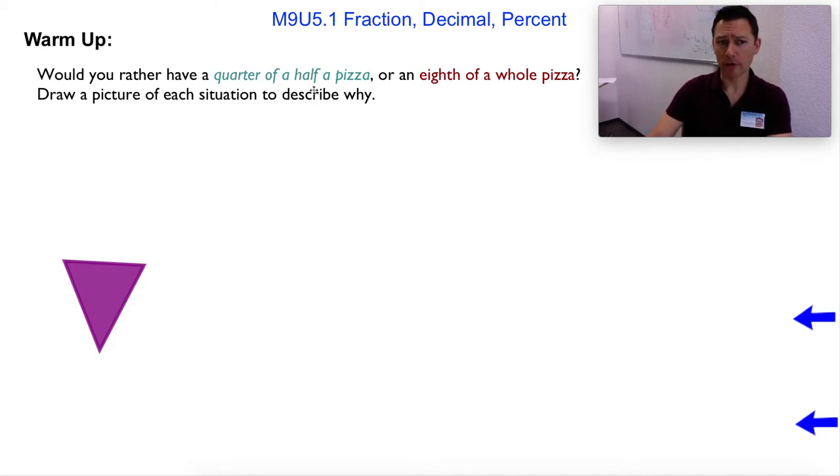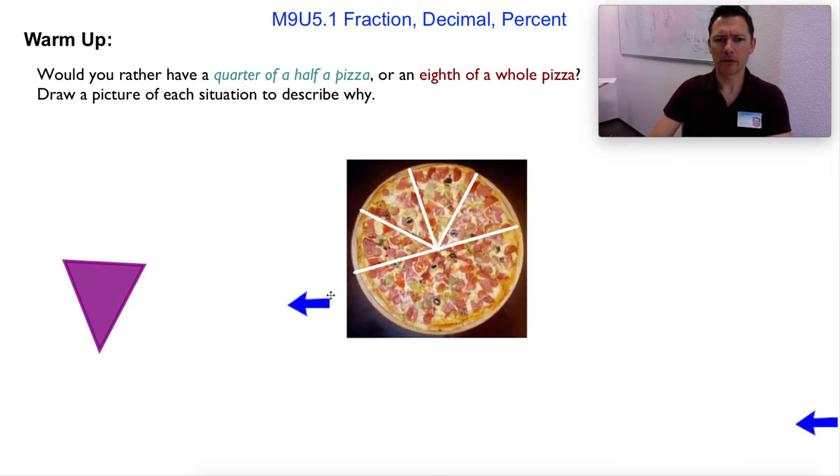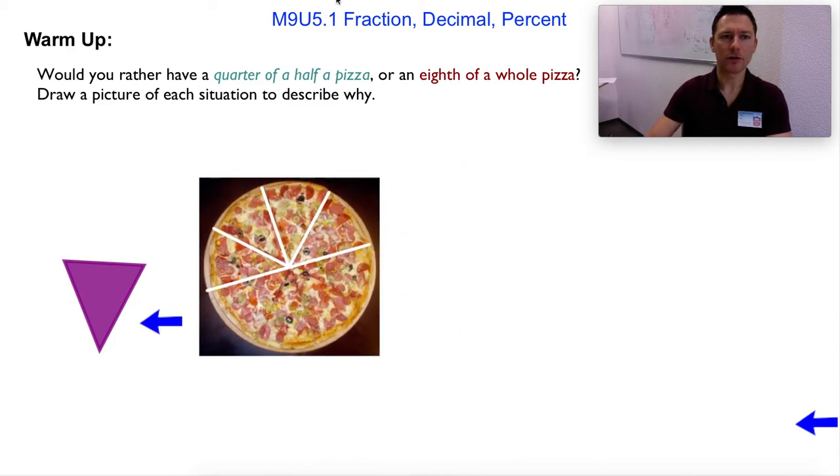Would you rather have a quarter of a half a pizza or an eighth of a whole pizza? If you drew a picture of a quarter of a half a pizza, it means you took a half a pizza, split it in half first, gave this to me, and then you had the rest for you and your friends.